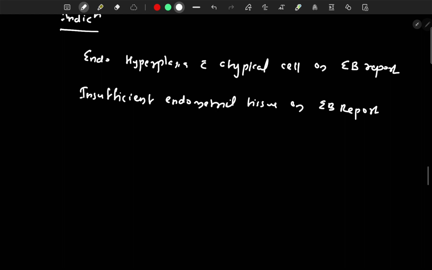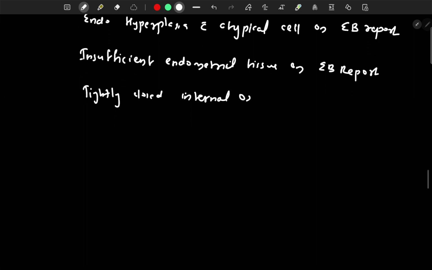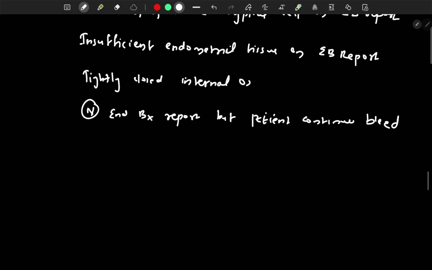If there is insufficient endometrial tissue, then in case of a tightly closed internal OS, or if there is a normal endometrial biopsy report but the patient is still bleeding, the patient continues to bleed, so these are the indications.